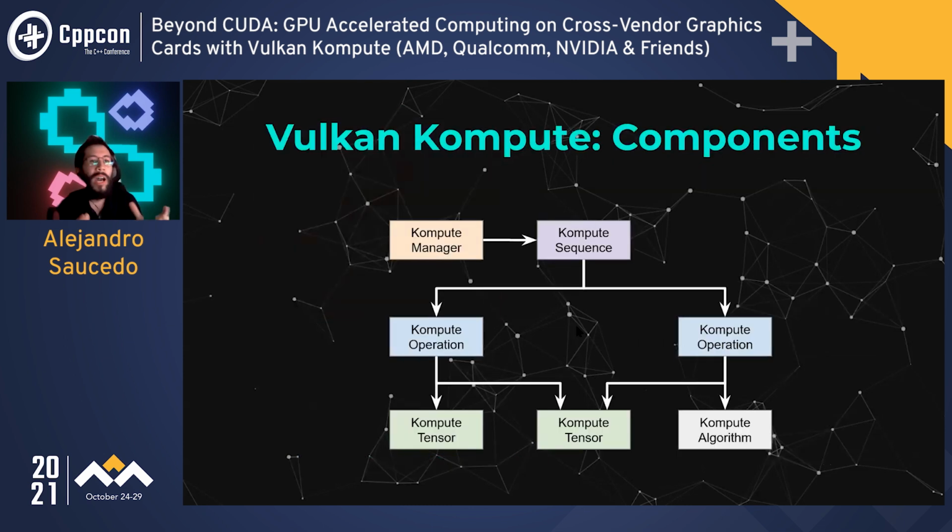Now, let's look at the architecture of Kompute relative to Vulkan. With Kompute, you don't have an application, an instance, a physical device, a logical device, a queue, a command buffer. What you have is a top-level manager. This is an object that manages all of the resources and all of the memory, both CPU and GPU memory.